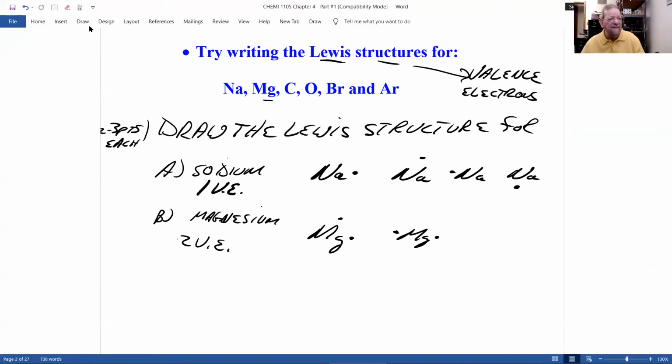With Lewis structures, you put 1 on each side before doubling up. If you were to do this, it's wrong, because you don't double up until each side has 1 dot, which is 1 valence electron.